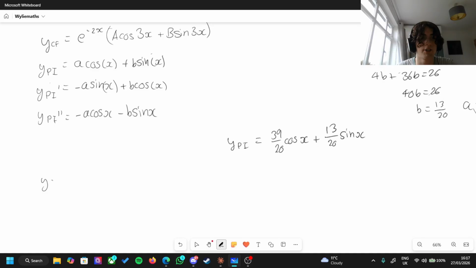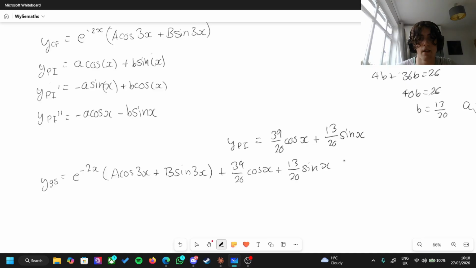So our y general solution is going to be equal to e to the minus 2x times a cos 3x plus b sine 3x, add our particular integral, 39 over 20 cos x plus 13 over 20 sine x. That's quite a long general solution, but it is correct.